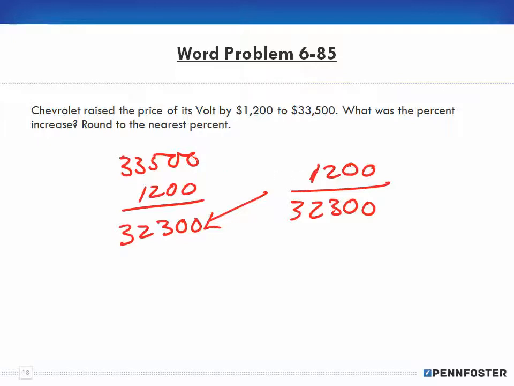If we divide by the 33,500, we're not going to end up with the right answer. So when we do that math, we end up with 0.037, and to convert that to a percent, we move the decimal place 2 places to the right, and we end up with 3.7%.